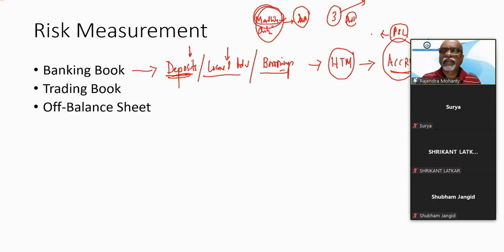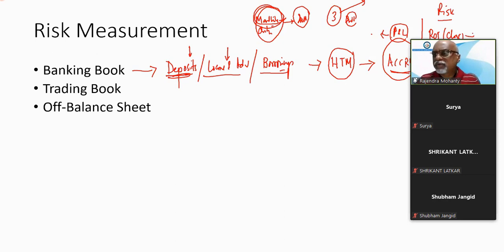Okay. Now in this banking book, what are the different kinds of risk that may happen? Basically, there is interest rate, so interest rate risk will be the first thing. The rate of interest may change, and due to the change we may have a loss of profit.